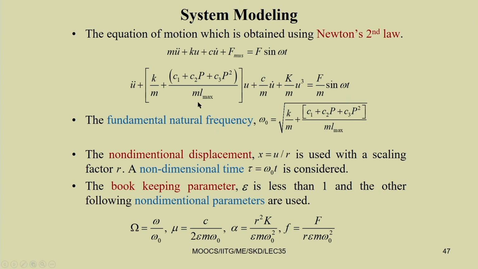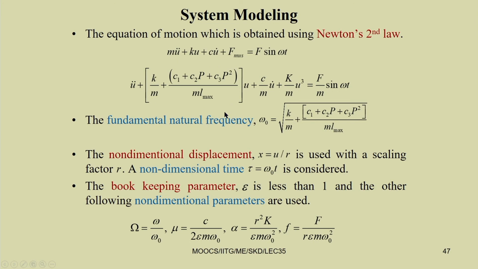So, u is the displacement. Here you can see that the coefficient of u can be taken as the natural frequency of the system, omega 0 square, which is a constant part.